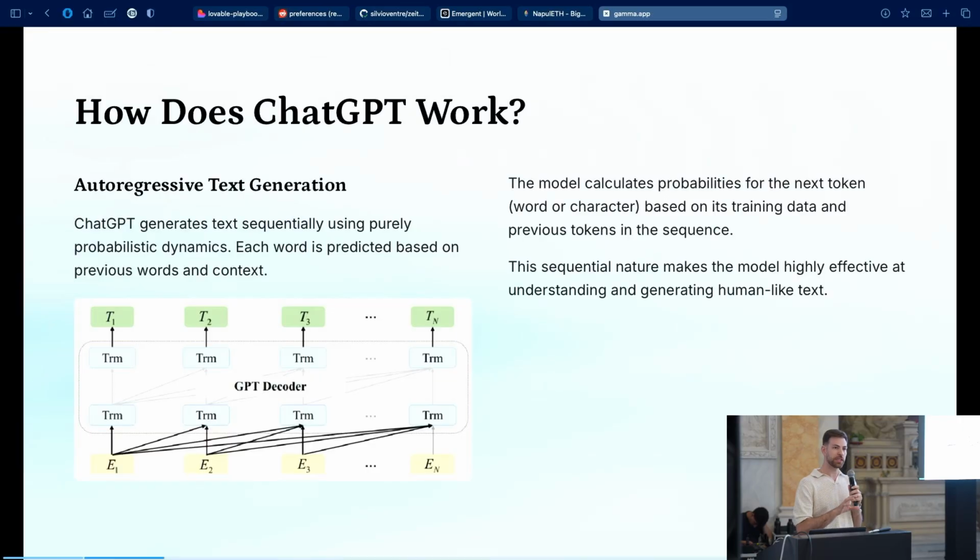One of the main concepts to consider is autoregressive text generation. What does it mean? Autoregressive is one of the main characteristics of LLMs.